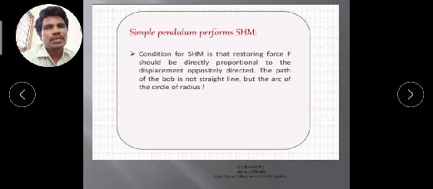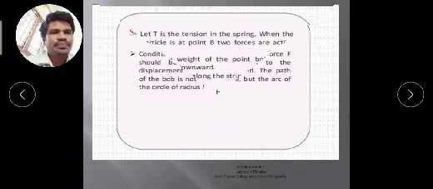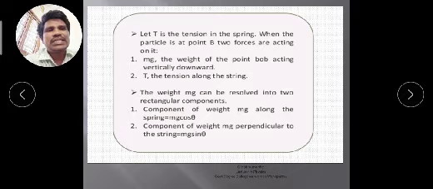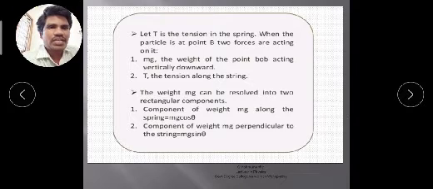The condition for simple harmonic motion is that the restoring force F should be directly proportional to the displacement and oppositely directed. The path of the bob is not a straight line but an arc of a circle of radius L. Now let T be the tension in the string when the particle is at point B. Two forces are acting on it: mg, the weight of the bob acting vertically downward, and T, the tension along the string.